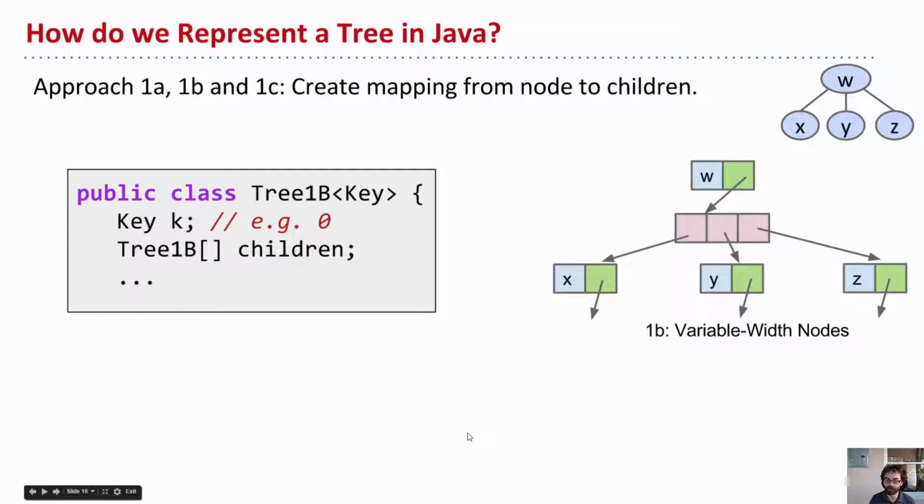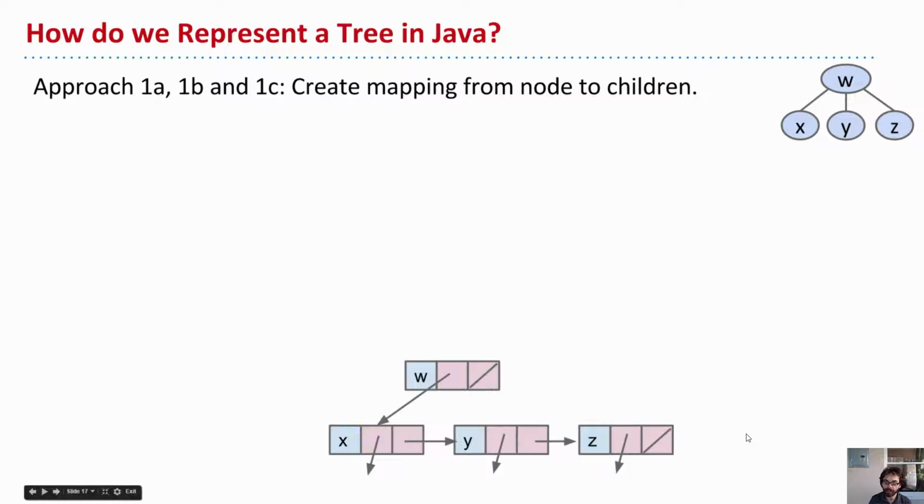Now there's another rather strange approach, which I'll show you now. This next approach is, again, representing the tree where W is the root, X is the left, Y is the middle, and Z is the right child. But here, the way we would actually store it in Java, W keeps track of its child X, and then, interestingly, X keeps track of what you might call its sibling.